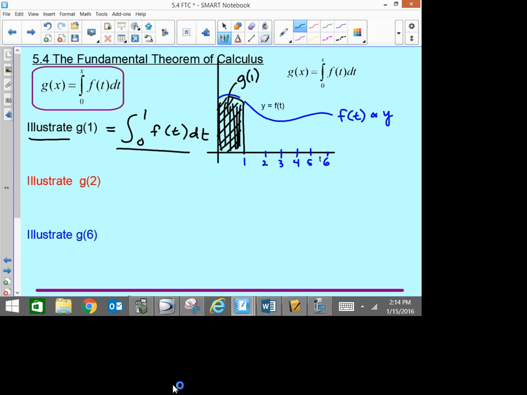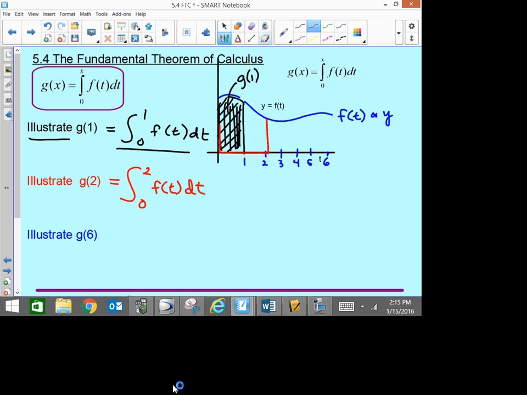So they're going to do that, and then of course there's going to be applications. But okay, what does g of 2 look like? Again, if we're using this formula, and this just says that g of x is the integration of f of t, so we're going to go from 0 to 2 of f of t. So I'm going to shade that from 0 to 2.